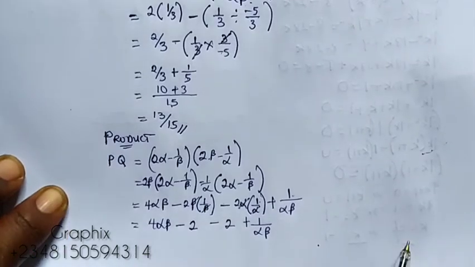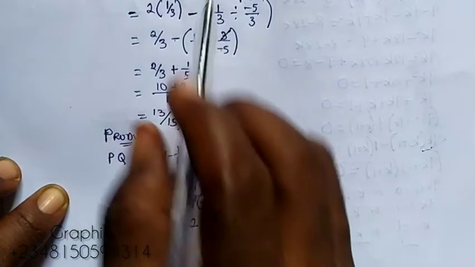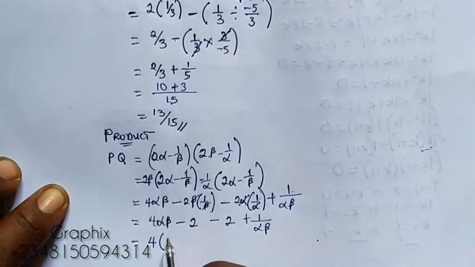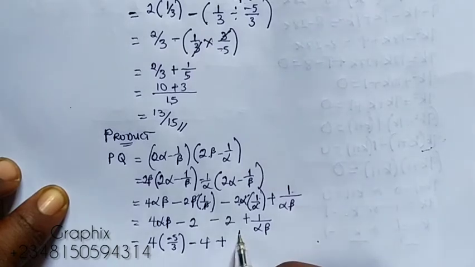So in doing that, we should be having 4 into bracket alpha beta, which is minus 5 over 3, minus minus give you minus 4, plus 1 over alpha beta is what? 1 over, that is 1 divided by what?